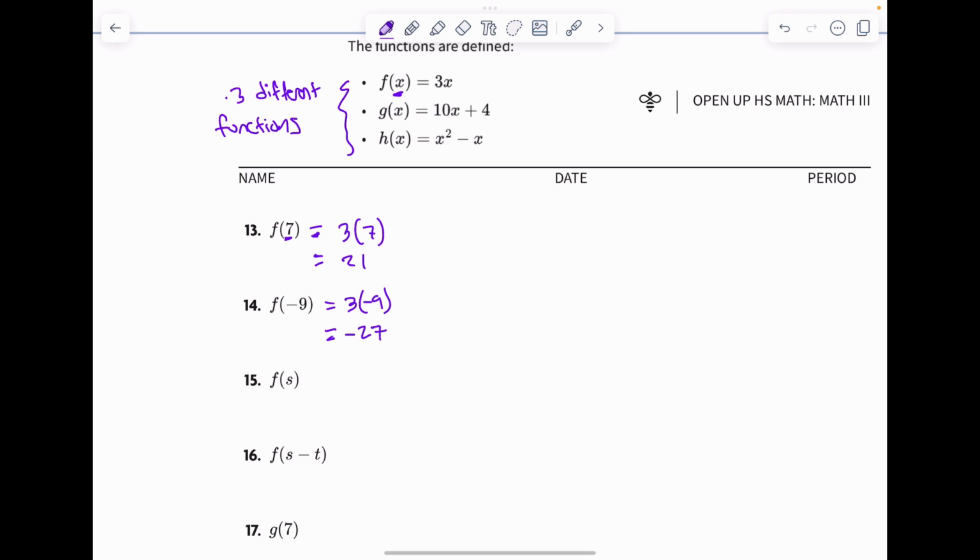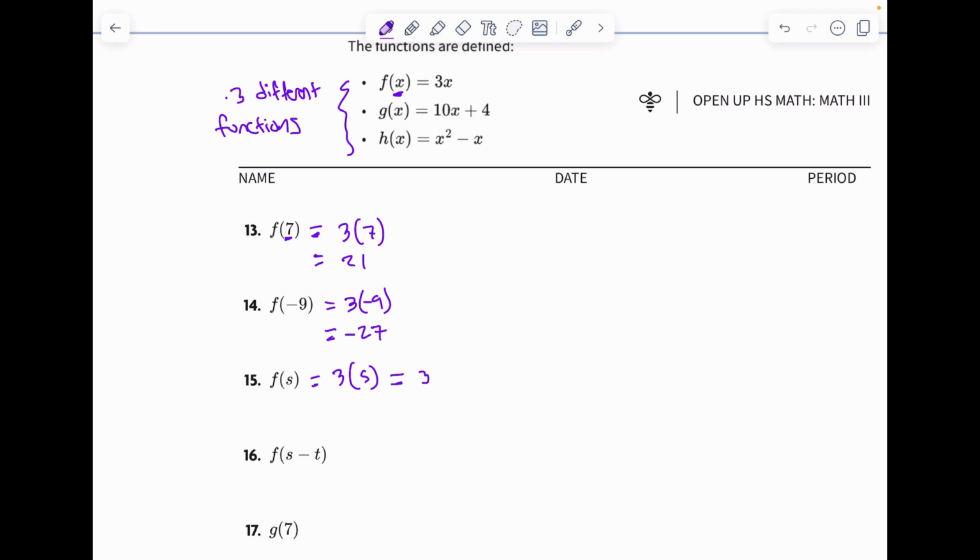Now, 15. What is that? I have a variable. I don't have a number. What do I do, Mr. Peña? You don't freak out. You don't get scared. Just the way we've been plugging in a value for x, we're going to plug in s. So 3 times s is equal to 3s.